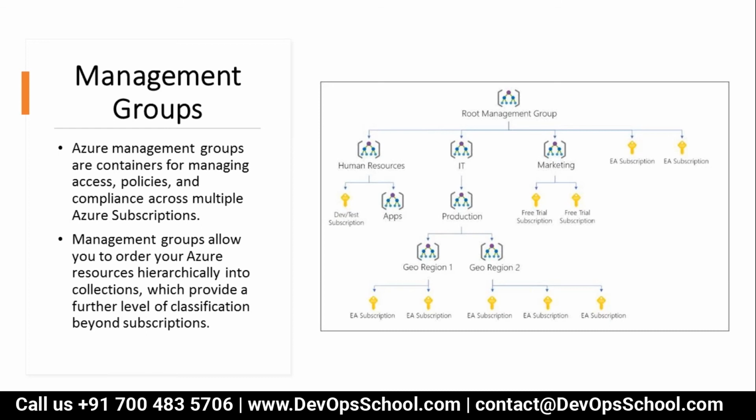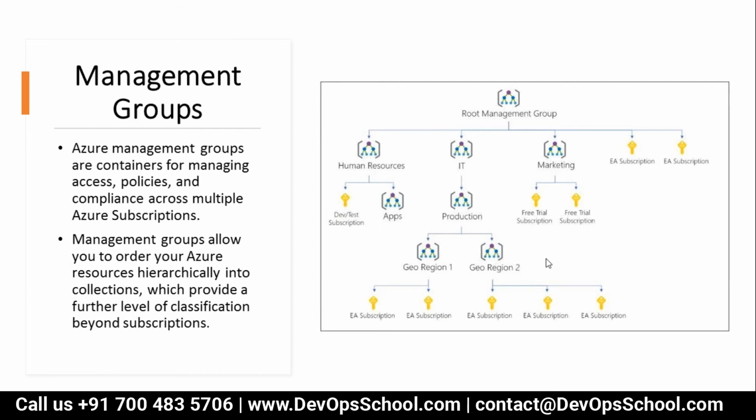Suppose they all need some kind of cloud access or Azure subscription. At the human resource level, there is a dev test subscription and an apps subscription. At the IT level, there is production, geo region 1 and geo region 2 in the project.